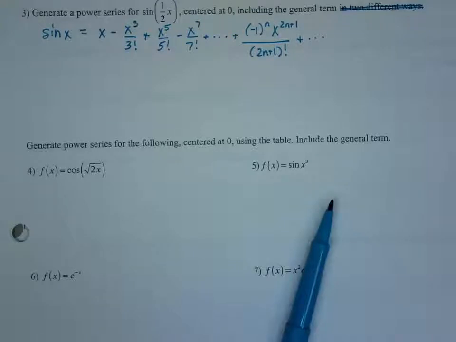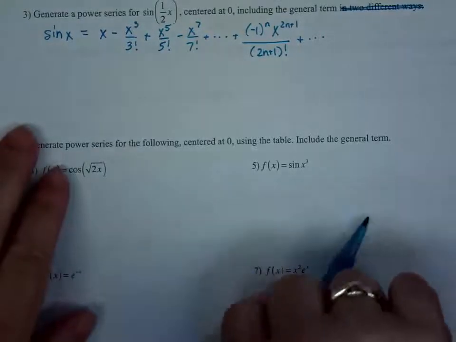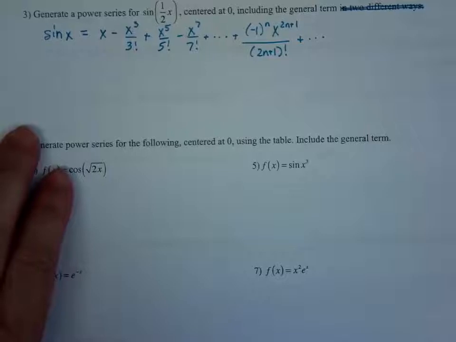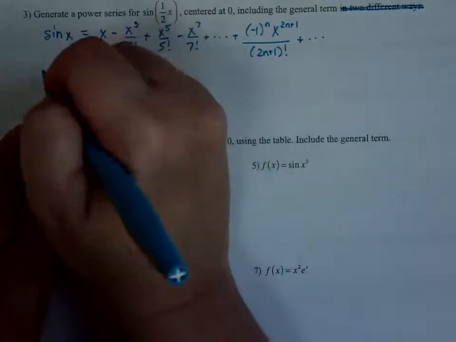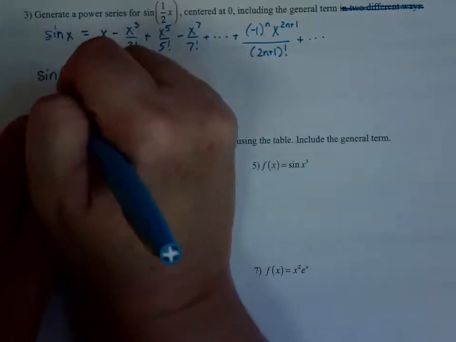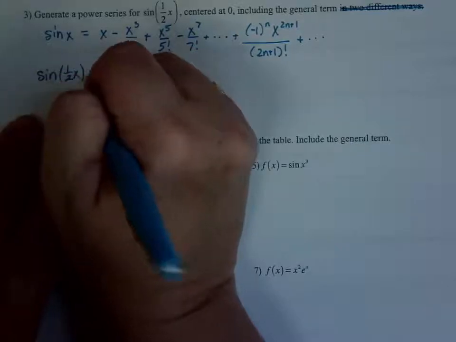This is an easy algebraic process. What's going to be the tricky part is coming up with what the new nth term is. Okay? So now underneath here I want you to write sine parentheses 1/2 x equals.